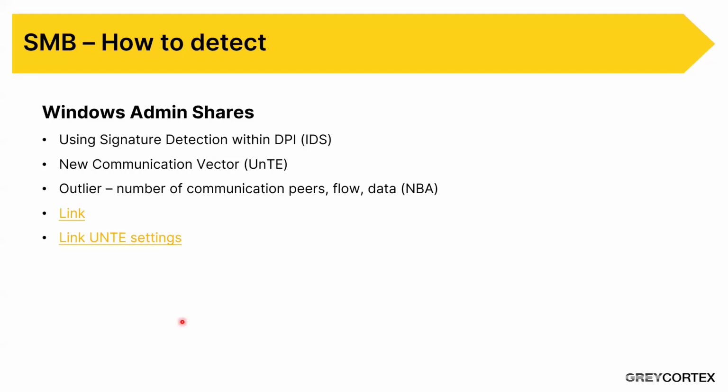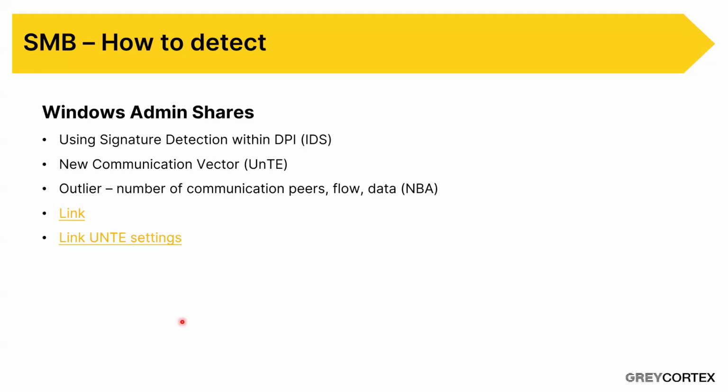So the NBA part in GREYCORTEX will detect abnormal connections, so you will suddenly have connections to multiple peers, which is not the normal behavior of that endpoint, or there will be more data transferred. That is also what the NBA tool will do.